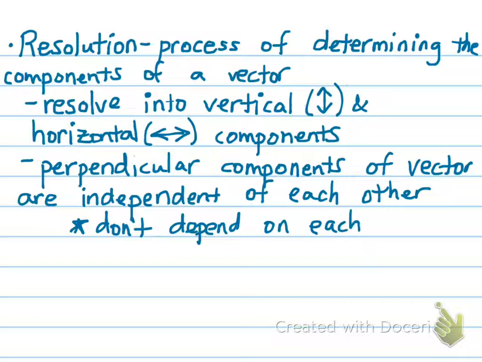We're going to see that before we end today, because we're going to be looking at shooting an object at an angle from like a cannon, or hitting a tennis ball at an angle. And we're going to see that the vertical, the up and down component of that velocity is separate and doesn't depend upon the horizontal or left to right component of that velocity. So they don't depend on each other.